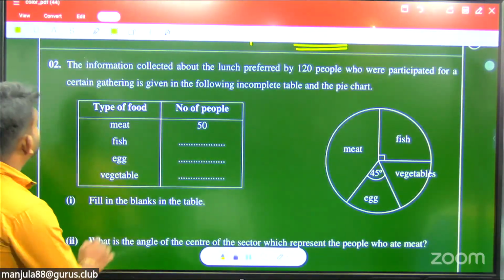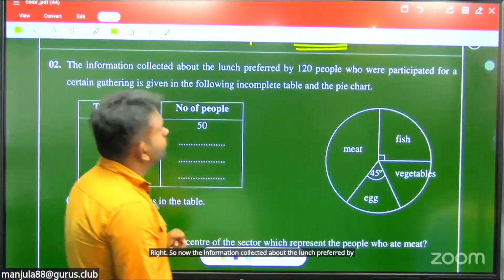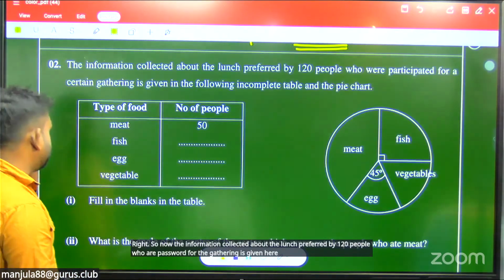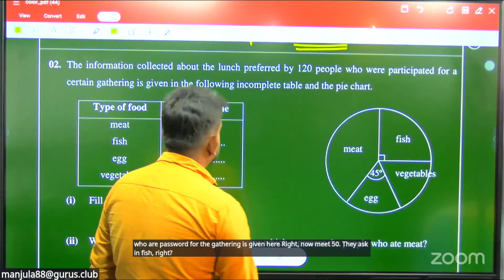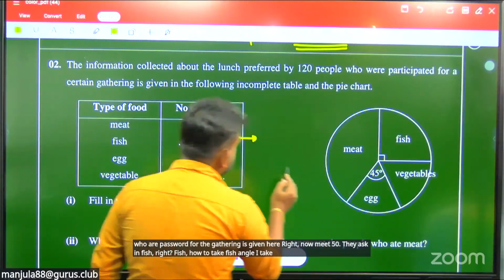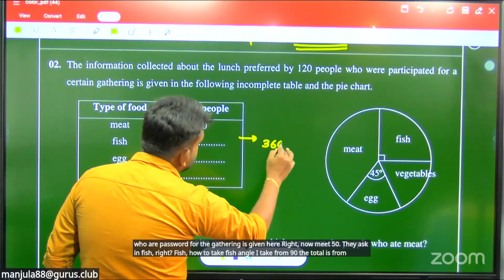Right. So now the information collected about the lunch preferred by 120 people who participated in the gathering is given here. Now meat 50. They are asking about fish. How to take the fish angle? I take 90 from the total of 360 degrees.